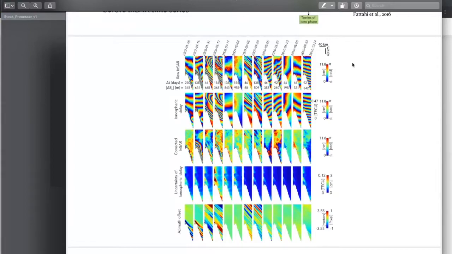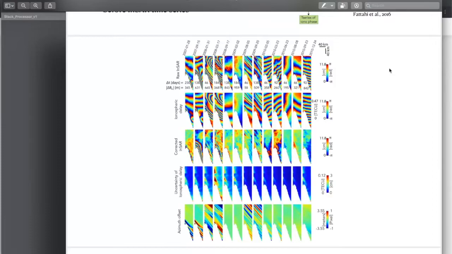Yes, that's the question. So yeah, the first row, as Piyush said, actually, these are the result of a time series. We had networks of small baseline interferograms, and since it was ALOS-1, we had to actually constrain both the perpendicular and the temporal baselines. So we did the time series, and on the top, you see the differential time series.